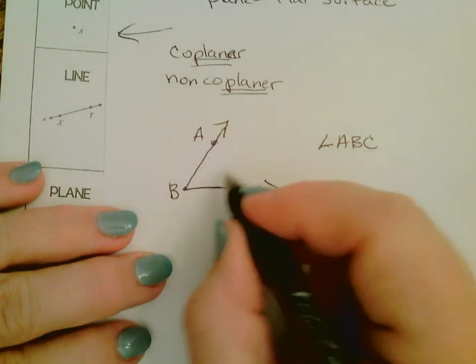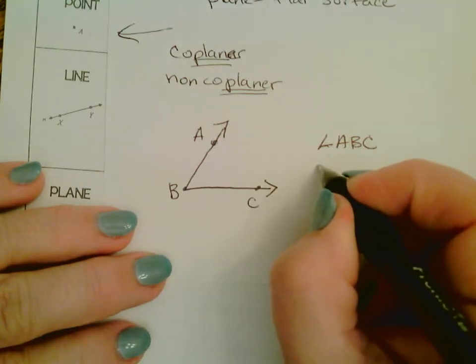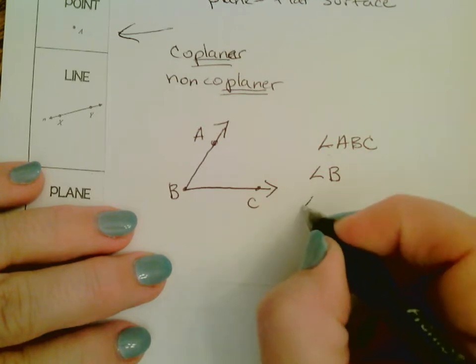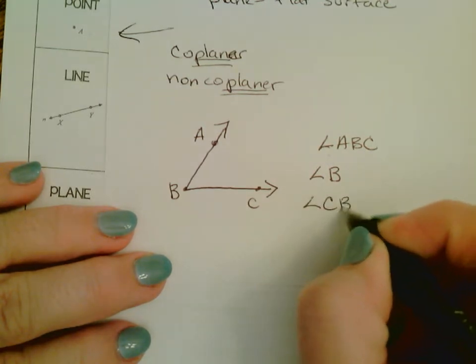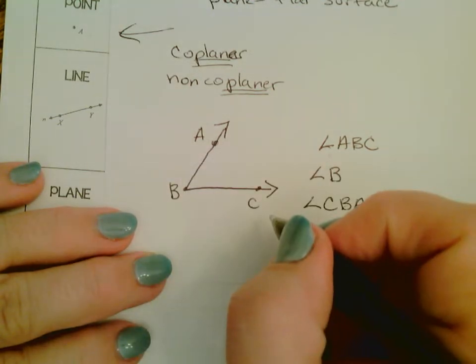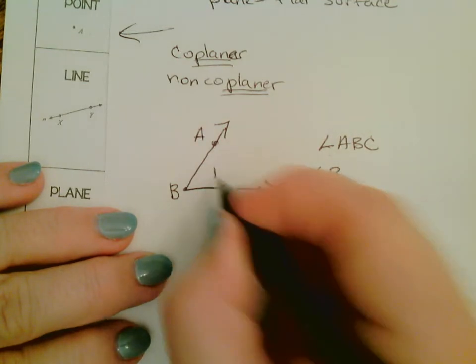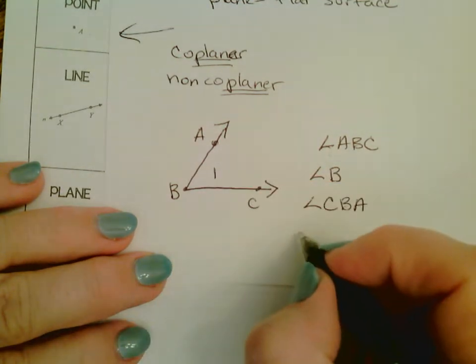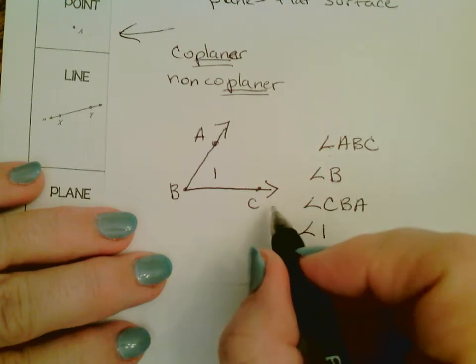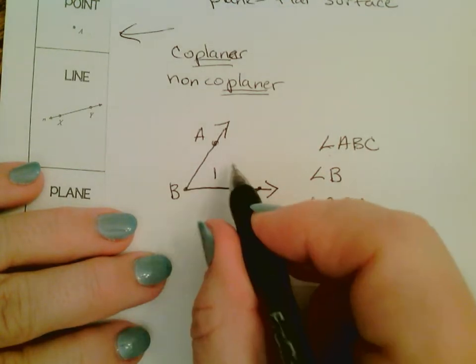If it's all by itself, there aren't any other angles around, we would call it angle B. Or we could call it angle CBA. It doesn't matter what direction you do it. Sometimes there'll maybe be a number in there or a letter. This could be angle 1, for instance. There's many different ways to identify an angle.